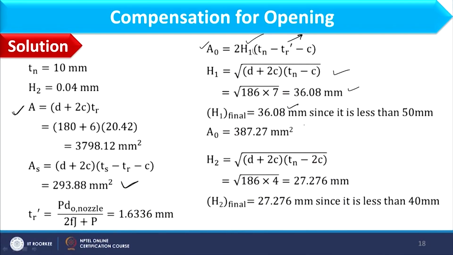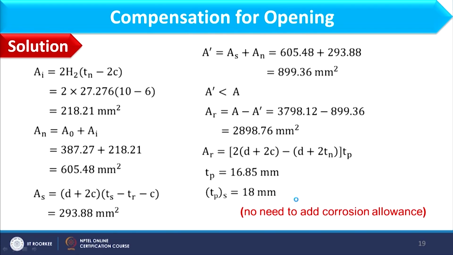Considering these values, AO we can find as 387.27 mm square, and in a similar way I will calculate H2, and that will be compared with the protrusion part, which is 40 mm. So, 27.276 is less than 40 mm, so H2 will be considered as 27.276 mm.